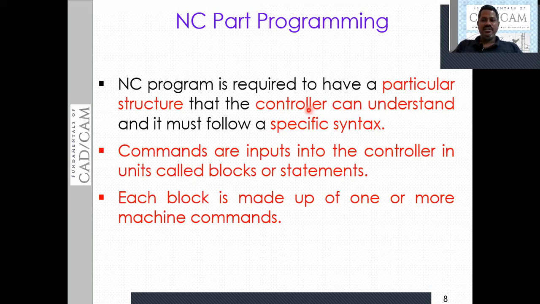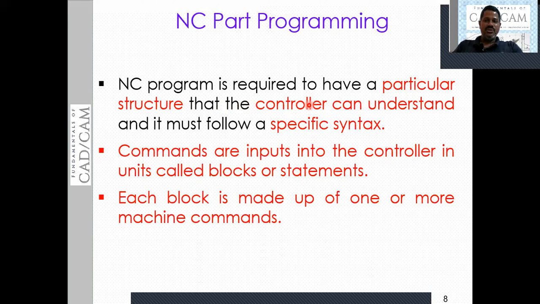In turn, the machine control unit converts the commands or the structure of the program into machine readable form. So this structure should be understood by the machine control unit, which converts the commands in the program structure into machine readable form.